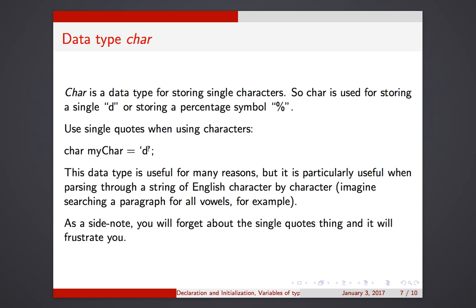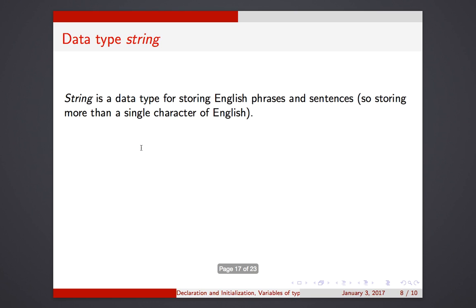Yes, I mentioned this. You'll be annoyed by this. The fact that there's single quotes here, that will bother you, that C++ treats characters with single quotes. And it's not clear right now why that will be frustrating, but let me just apologize in advance. You will be frustrated by that. The reason single quotes is annoying is because you will get them confused with the next data type, which is data type string.